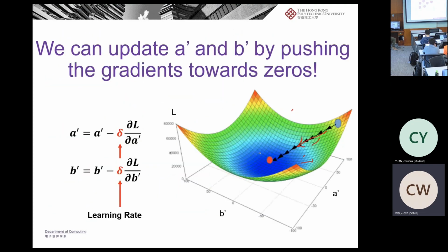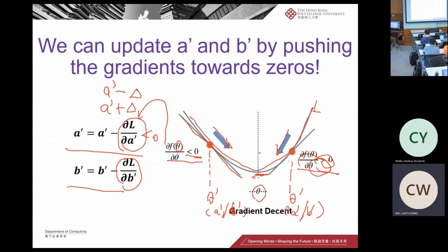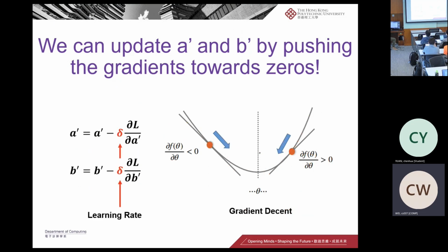Okay, let me go back, there's one more concept I have to introduce. So this is the idea. However, another thing you have to do is because the gradient could be either very small or pretty large. If you use that to update the parameter selection directly, most of the time it's not appropriate because the scale of the parameter and the scale of the gradients are not the same.